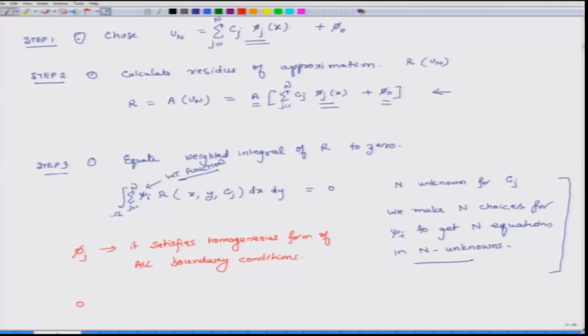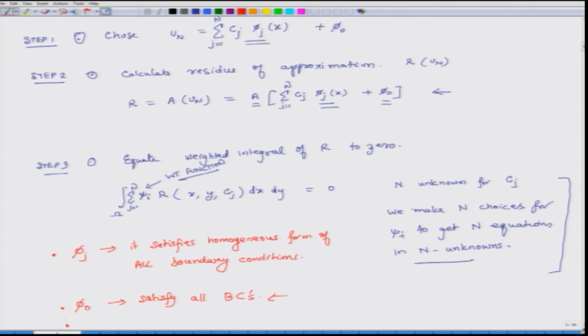And then phi naught should satisfy all boundary conditions. So, if the boundary conditions are non-homogeneous, then phi naught has to satisfy those. If they are homogeneous, then it will anyway have to satisfy that. So, this is one requirement. Second requirement is about phi naught.